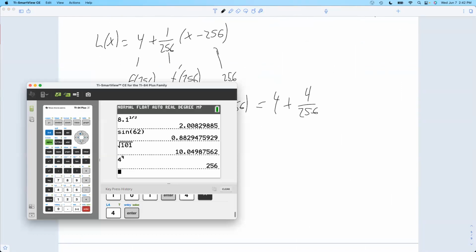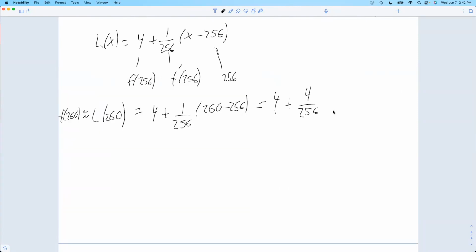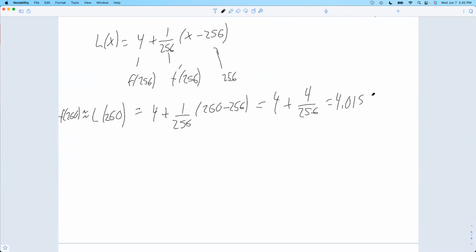All right, so let's get our calculator out. 4 plus 4 divided by 256. 4.015625, I think that's what it was. So that's my approximation.